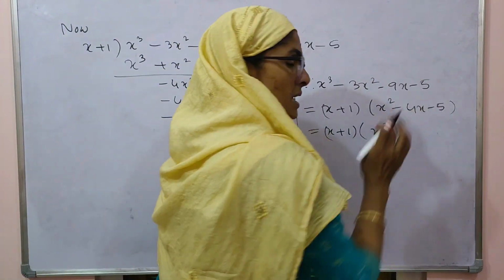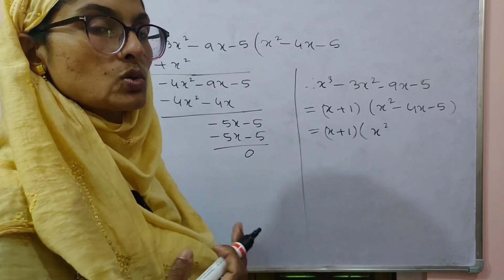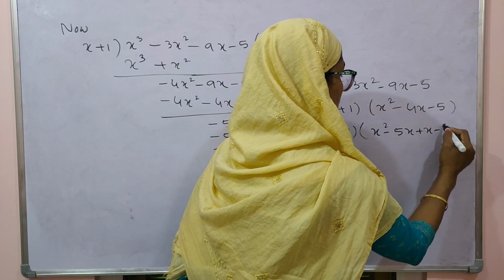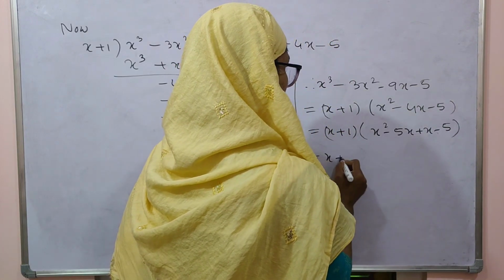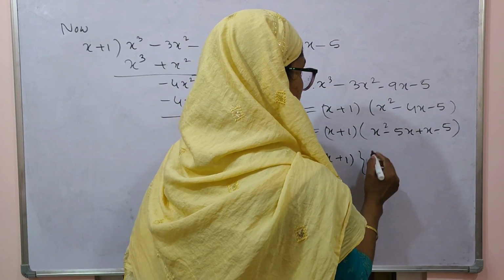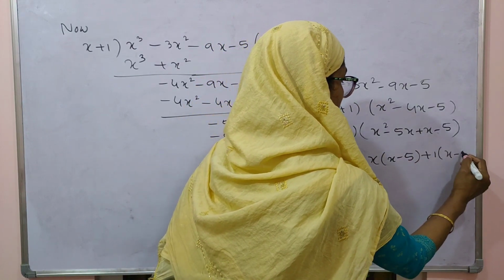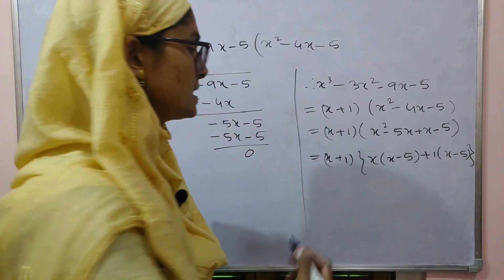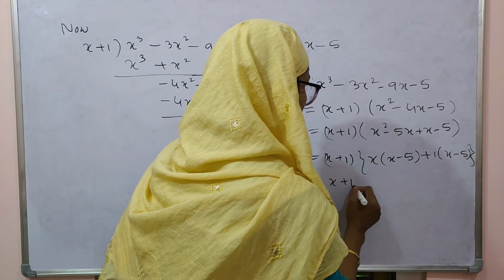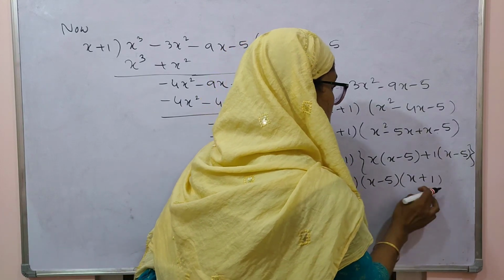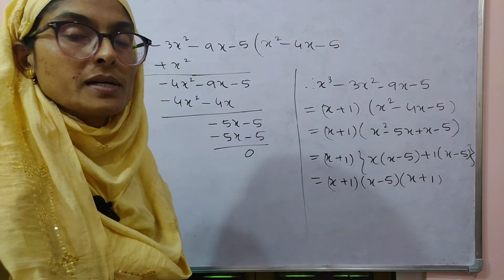Here negative symbol, so 5 minus 1 you will get 4. So minus 5x plus x minus 5. Now take common. Here x common, x minus 5, plus 1 common, x minus 5. So you can write x plus 1, x minus 5 into x plus 1. These are the factors of this polynomial.